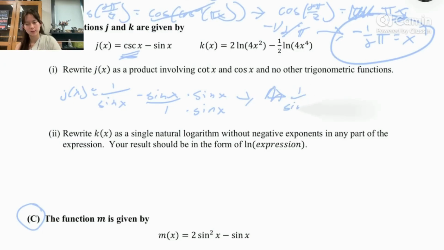And so you're going to do that, and that'll get you 1 over sine of x minus sine squared of x over sine of x, so that they have the same value on the bottom.